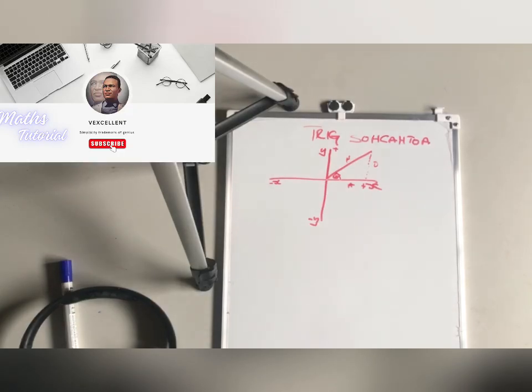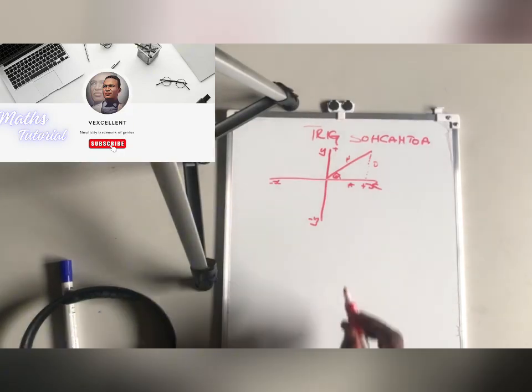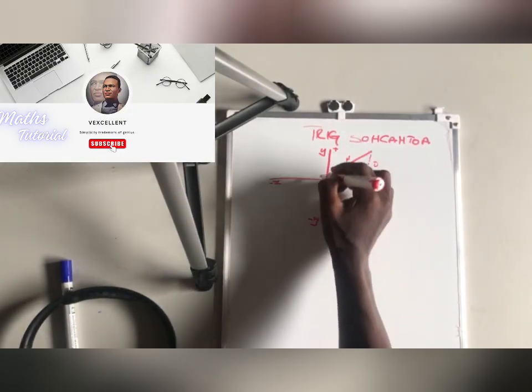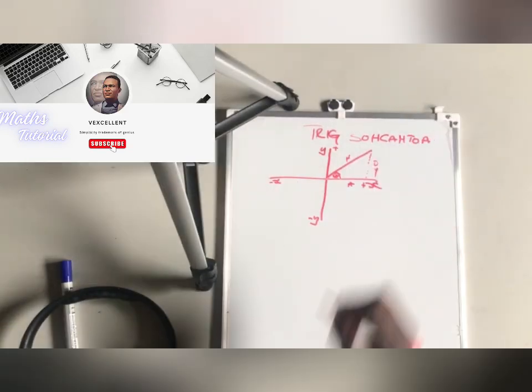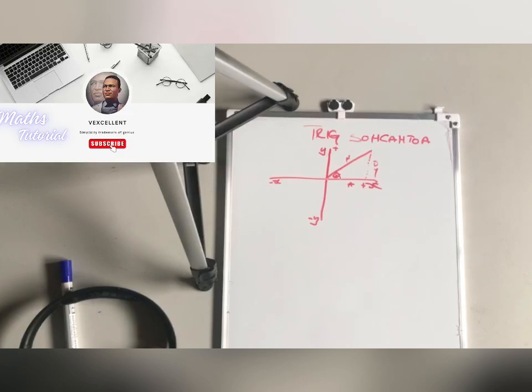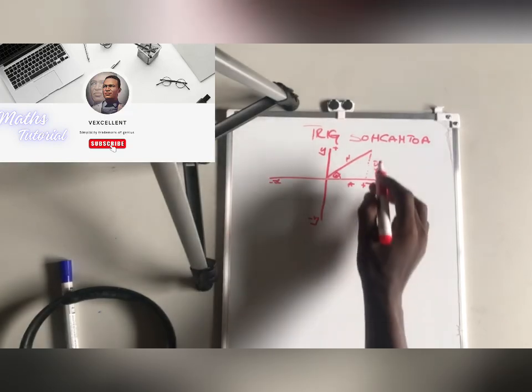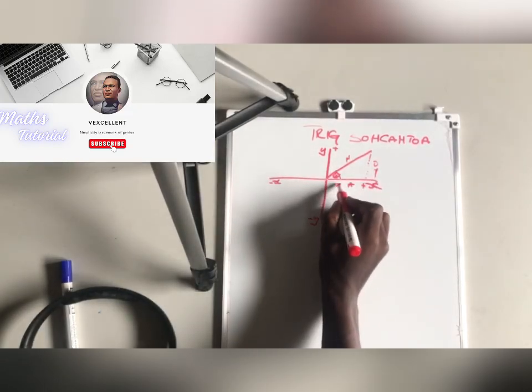The opposite is the vertical line, the line of y, which is our y-axis. And our adjacent is the line of x.